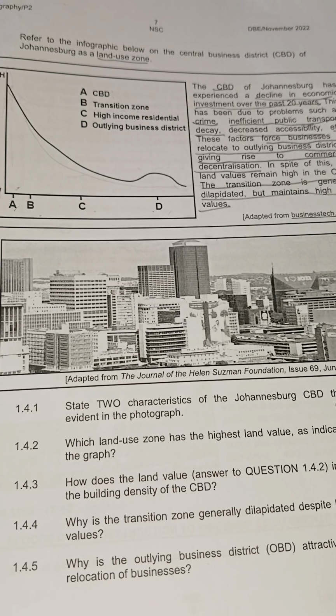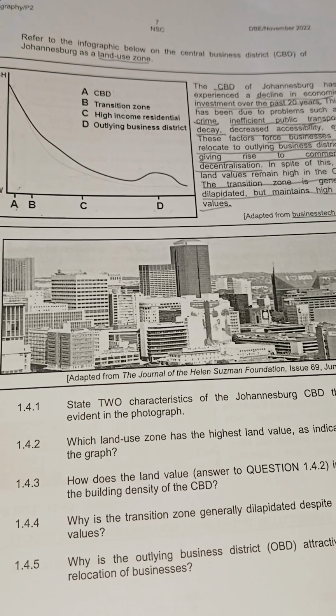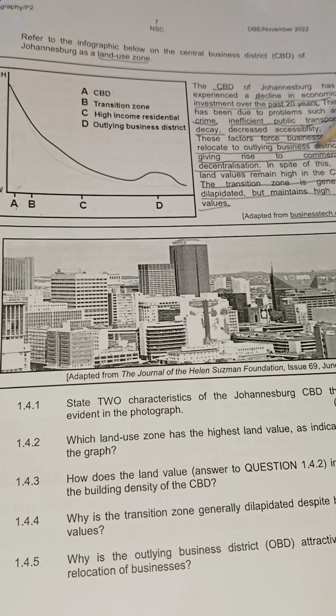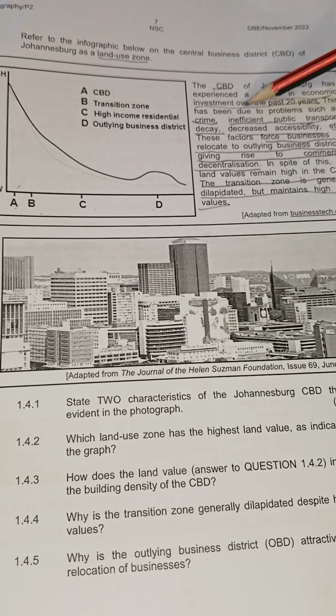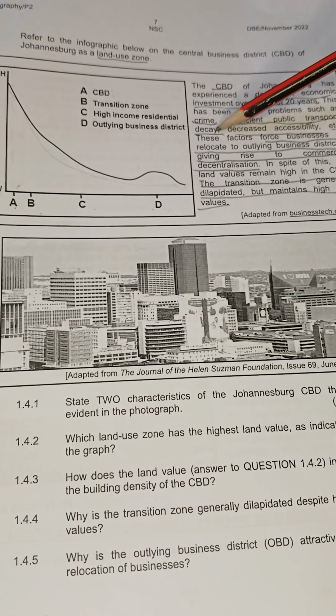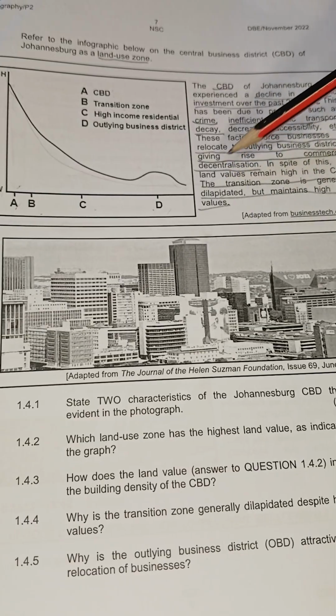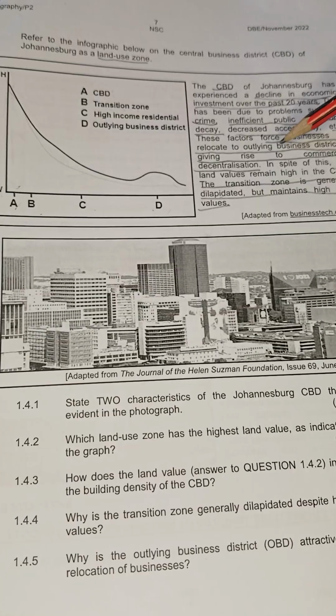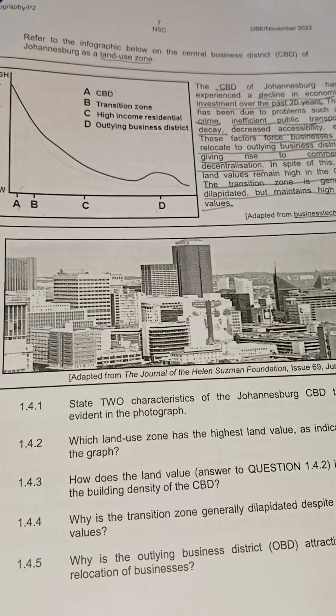So that is why mostly there is what we call commercial decentralization, which means they are moving away from the CBD because of inefficient public transport, because of crime, because of decay, some of the dilapidated buildings. They are relocating to the outlying businesses. That's what is happening.